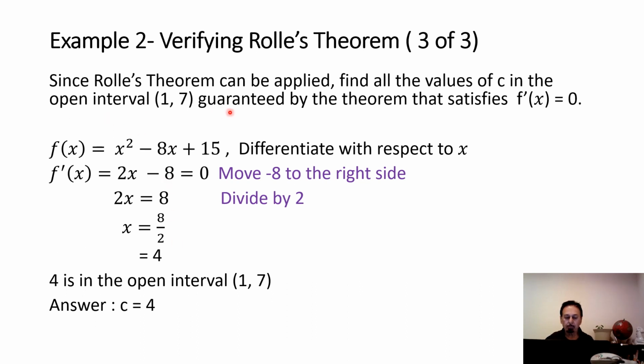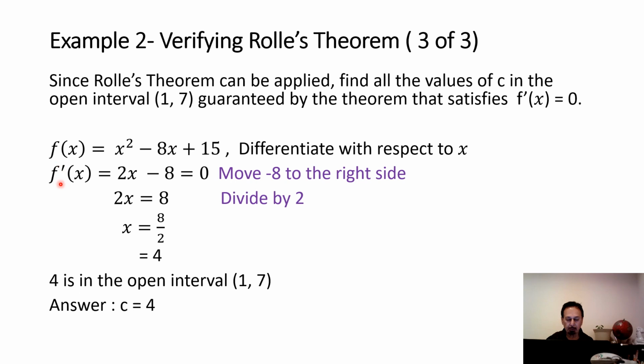Since Rolle's theorem can be applied, find all the values of C in the open interval 1 to 7 guaranteed by Rolle's theorem that satisfy the first derivative equal to 0. We start with f of x equals x squared minus 8x plus 15. We differentiate with respect to x.